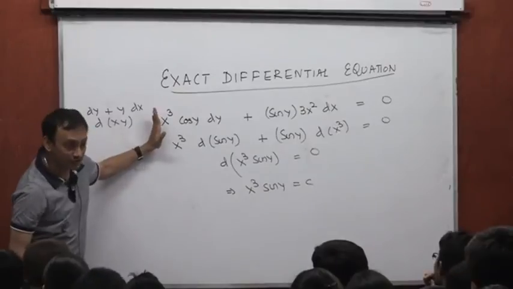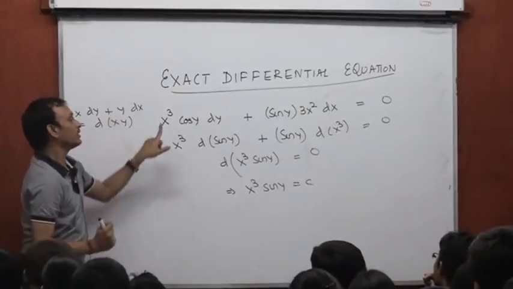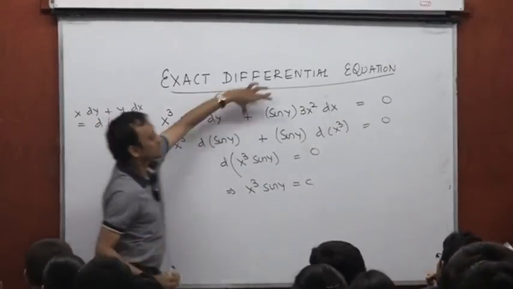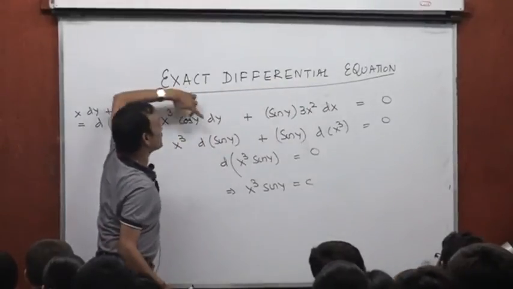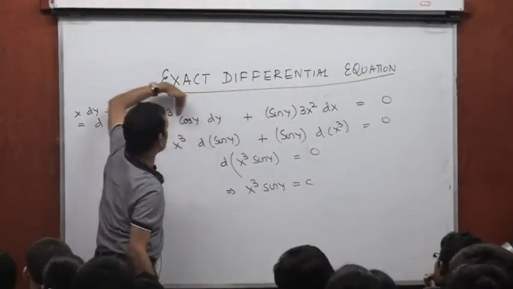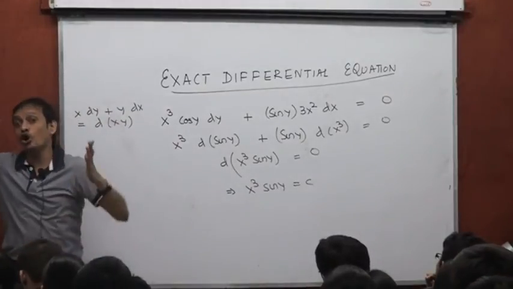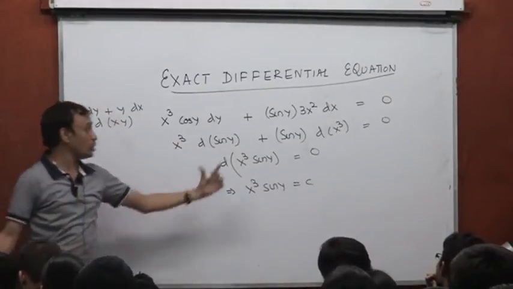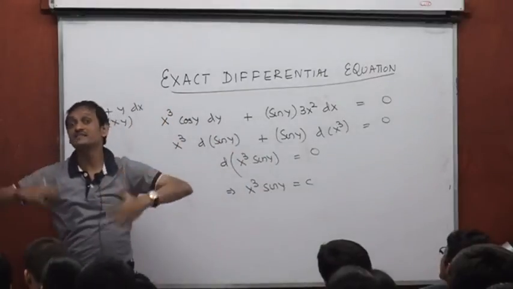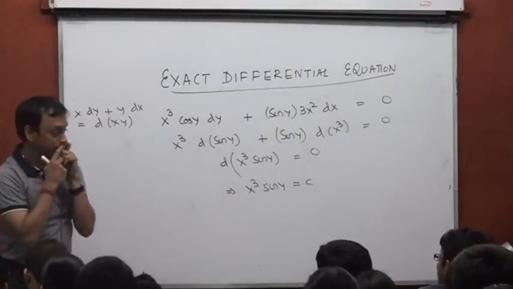This is an example of an exact differential equation. We have something into dx plus something into dy being reduced to d of something equal to 0. That's an exact differential equation.